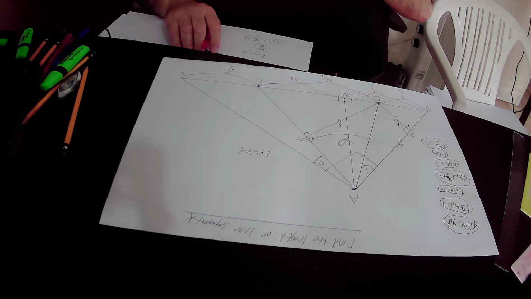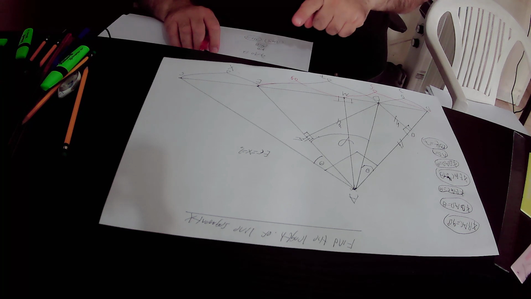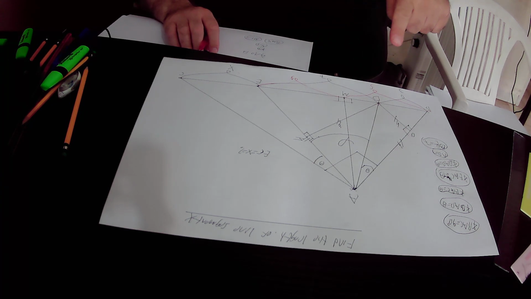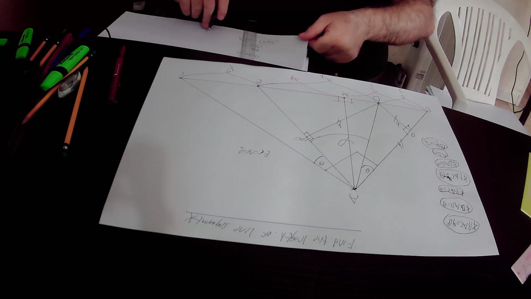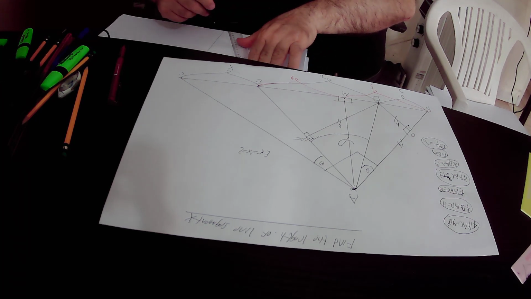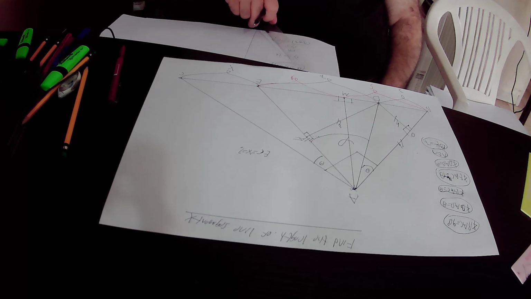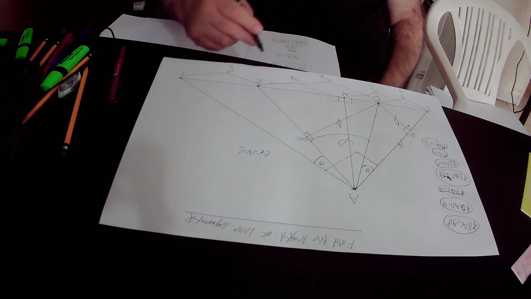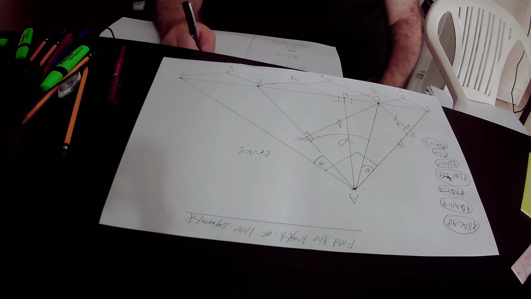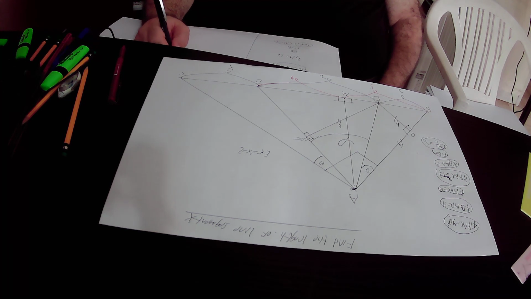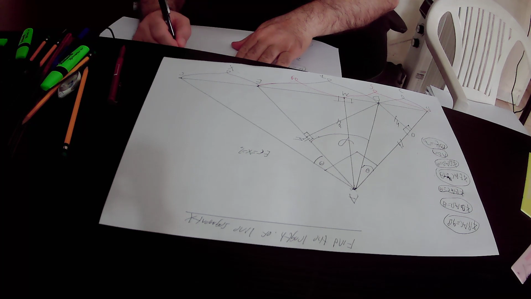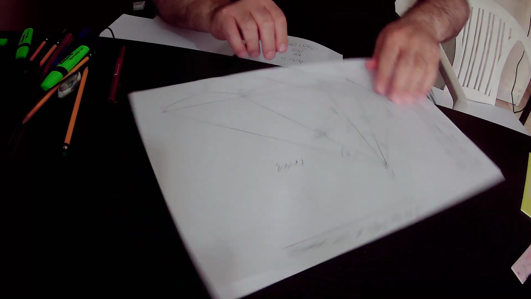So in the next step we will prove that the right triangle AME and the right triangle ABM are congruent. Why are those two triangles congruent?